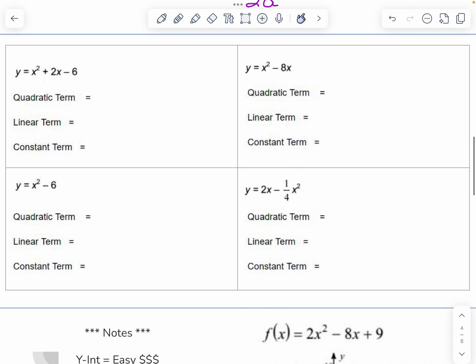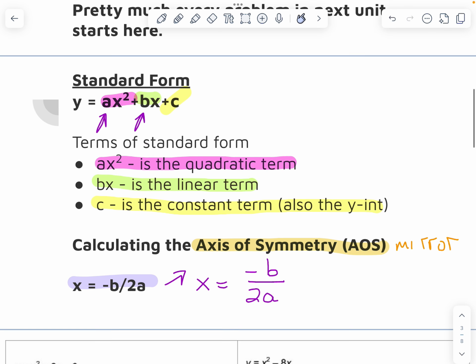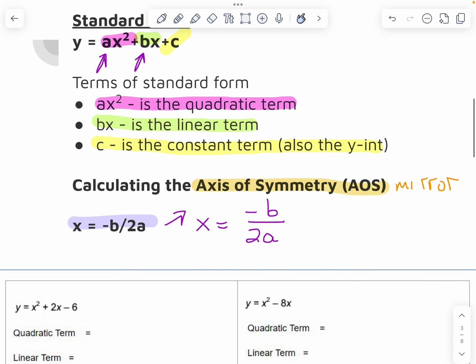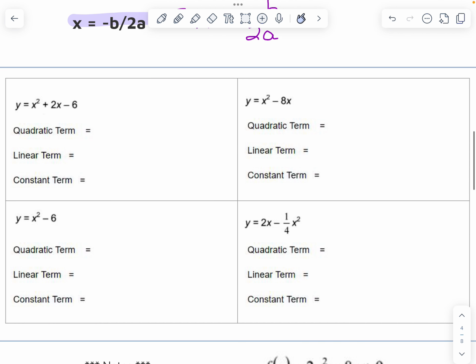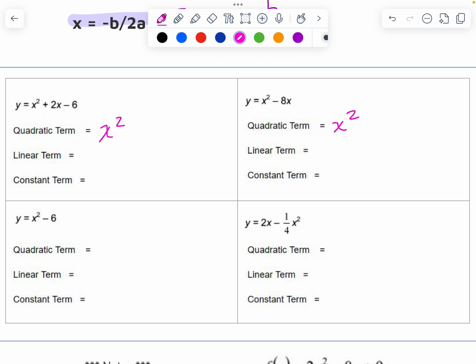All right, so a little bit of practice here. Let's take a look at these quadratic terms, linear terms, and constant terms, just picking them out. Again, the quadratic term is the term that has the exponent of 2. So the quadratic term here would be x squared, x squared, x squared, and oh, look, be careful now.